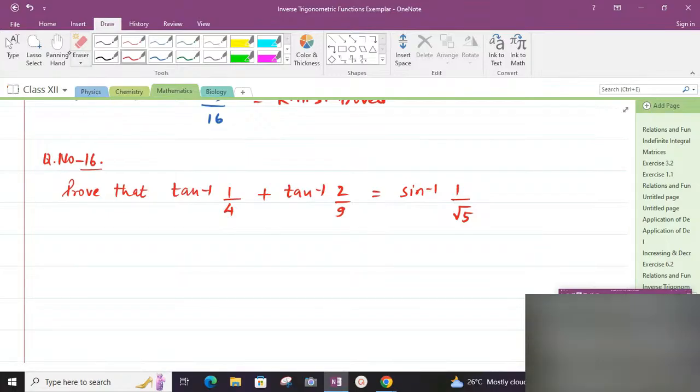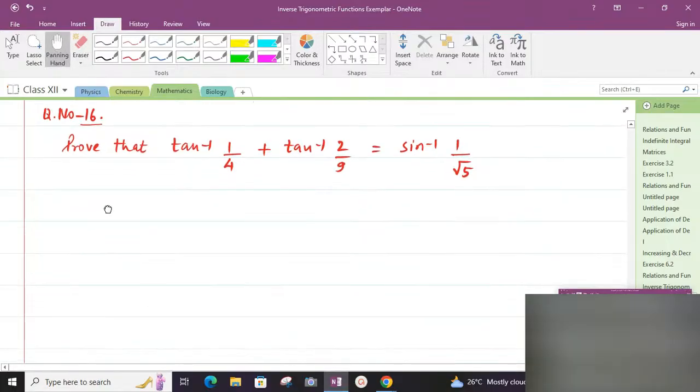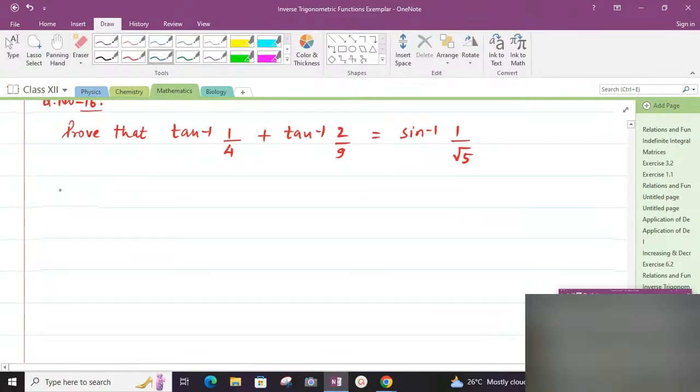Let's see the solution of this question. Solution, from LHS.